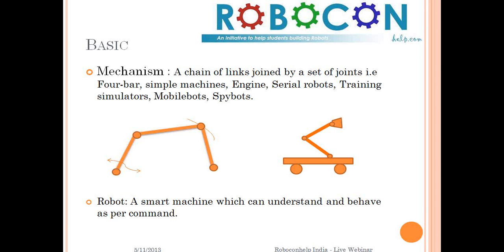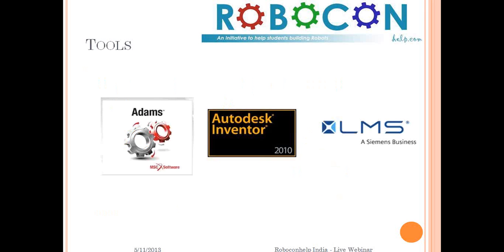Then we'll move a little bit further. Tools. There are several tools available in the market which can help us to evaluate our product, its efficiency, its manufacturability, its reliability, questions on vibration if there is a lot of vibration coming on, or its strength, or maybe to evaluate the motor ratings.